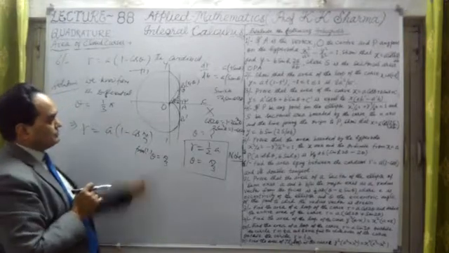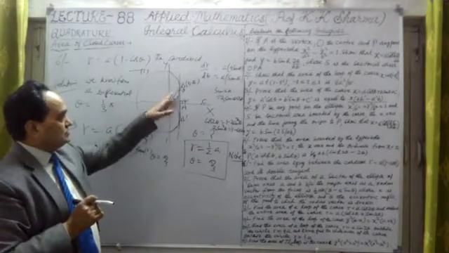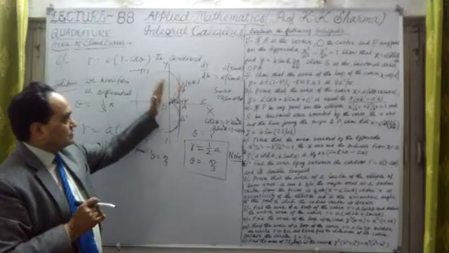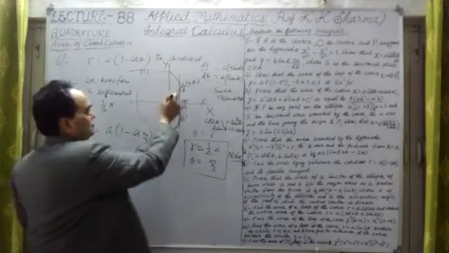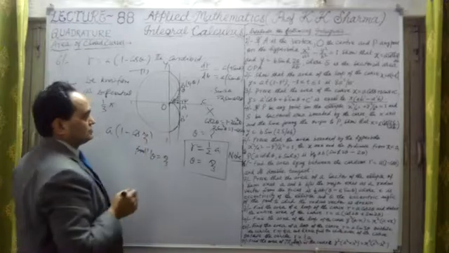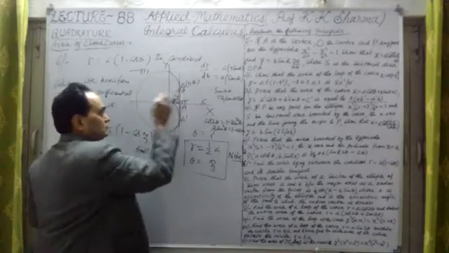Okay, let me subtract this area, which is the triangle minus the area of the cardioid, because this cardioid is between angle 0 to pi by 3. This area is to be subtracted.